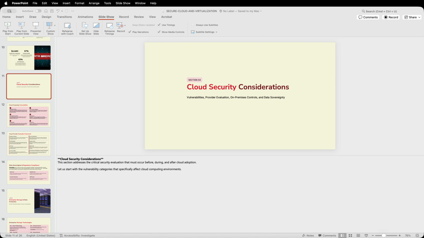Now, for enterprise storage technologies, let's start with network attached storage. Now, these devices present storage as a file system accessible over the network using hierarchical storage protocols. The most common protocols are NFS, which stands for Network File System.